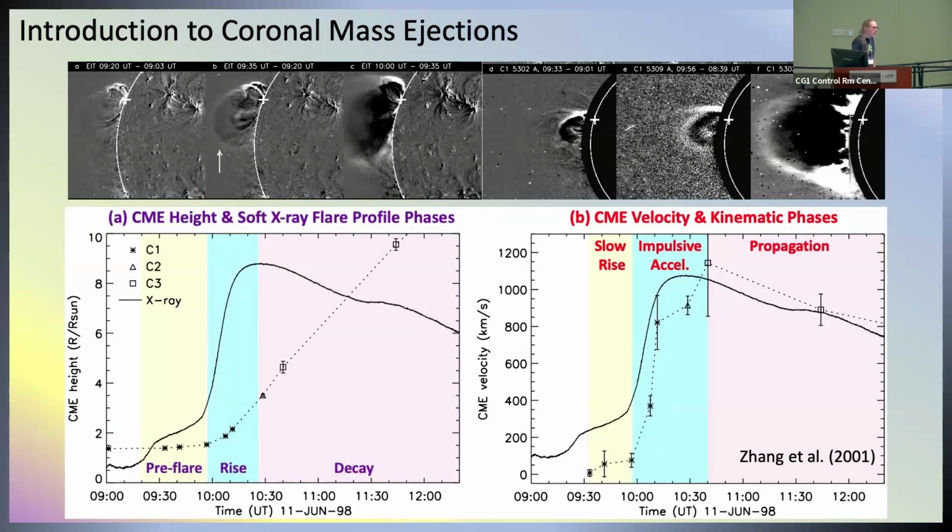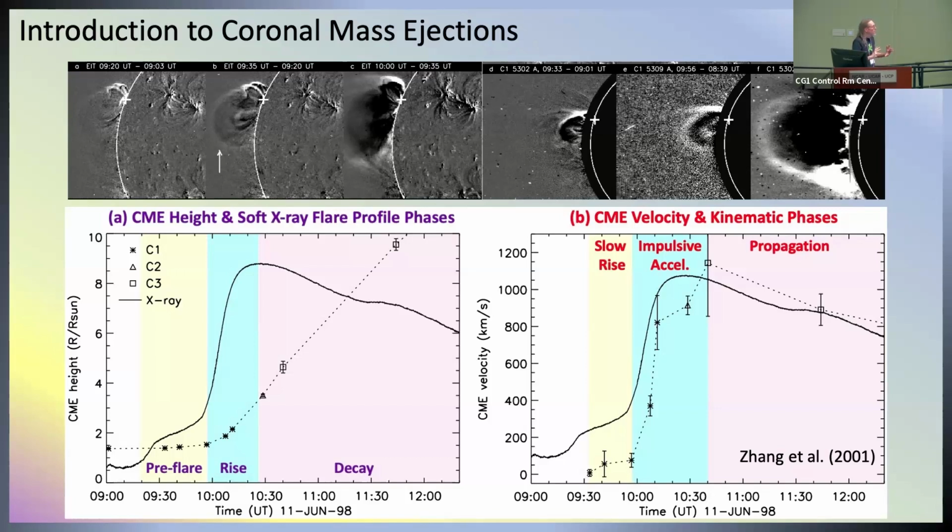X flares tend to be 10 to the 32 ergs. M flares can be high 10 to the 31. C flares are kind of 10 to the 31, 10 to the 30, and you move all the way down.